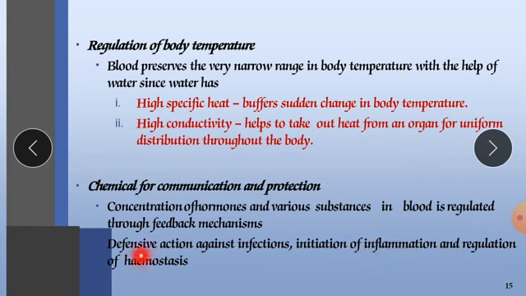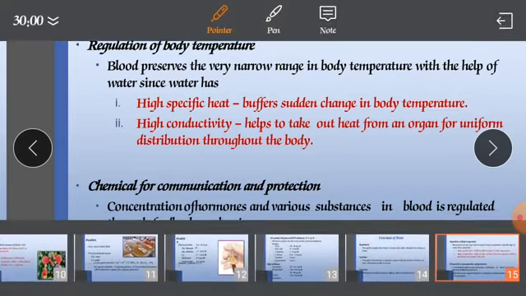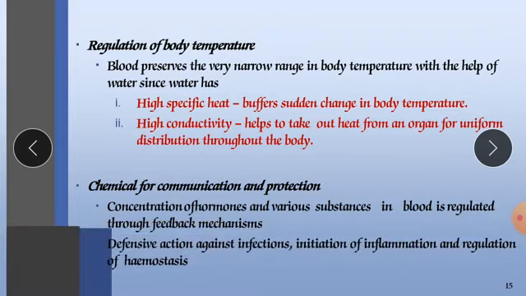And regulation of hemostasis. What is hemostasis? It is the process of stoppage of the bleeding process. That is nothing but hemostasis.